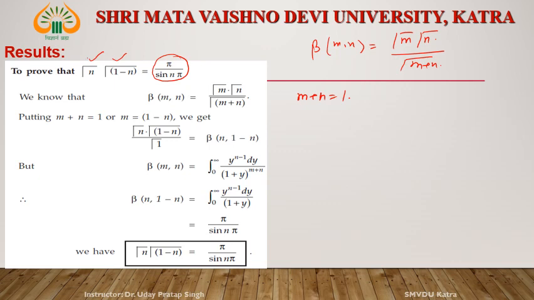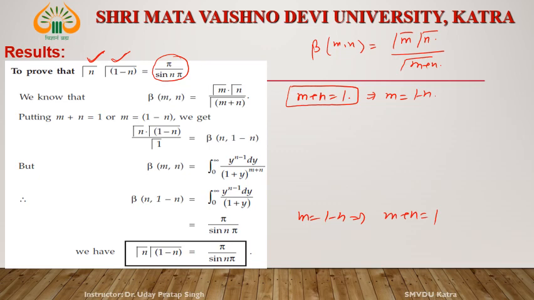Here this is gamma n and this is gamma 1 minus n. So if we write m is equal to 1 minus n, it means m plus n is equal to 1.